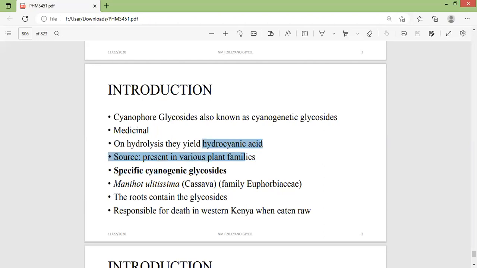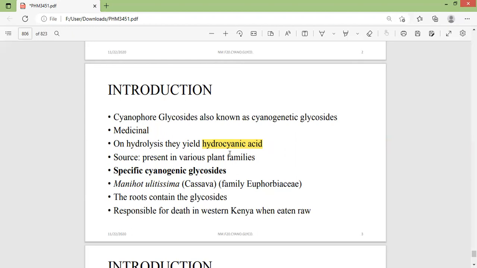And this is what gives them that name, cyanophore glycoside or cyanogenetic glycoside, because they yield this cyanic acid. And the unique thing is, it's closely related to cyanide and cyanide poisoning.